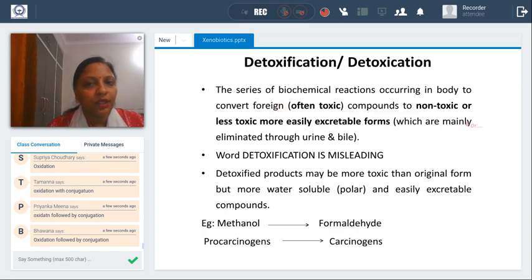This is the series of biochemical reactions occurring in the body to convert often toxic compounds to non-toxic or less toxic, or importantly, more easily excretable forms. Then sometimes it can be more toxic than the original, like methanol converts into formaldehyde and pro-carcinogens convert into carcinogens.